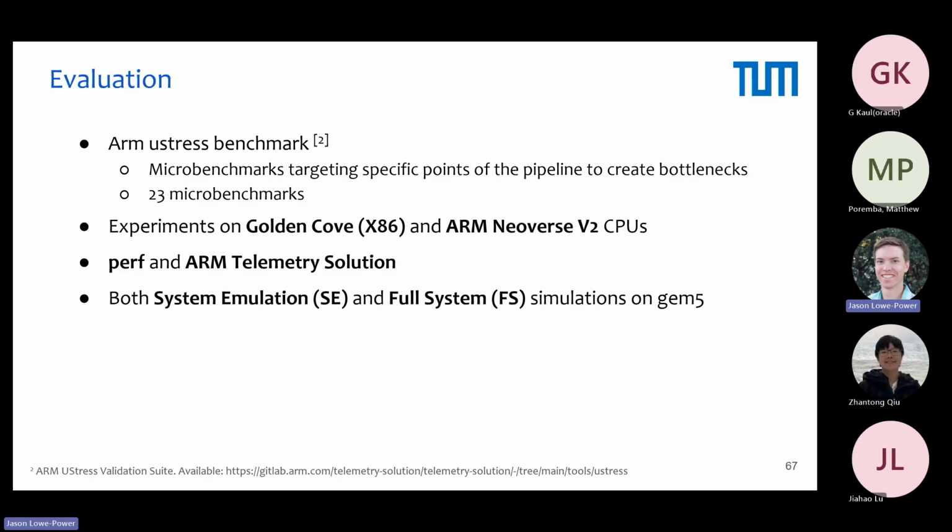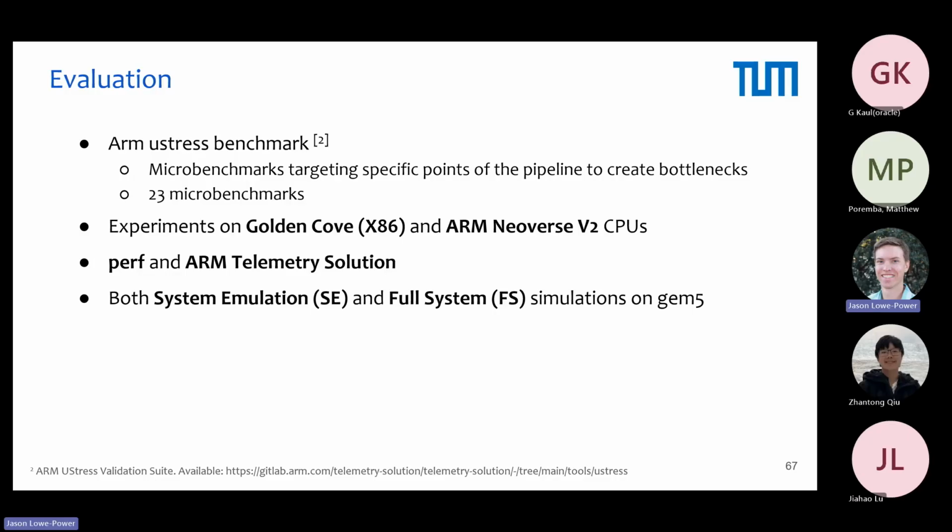It's a set of 23 microbenchmarks trying to target specific points of the pipeline to create bottlenecks. Unlike traditional benchmarks, which try to get a measure of overall performance, these benchmarks stress specific points in the pipeline, such as the front end, back end, or the branch predictors.